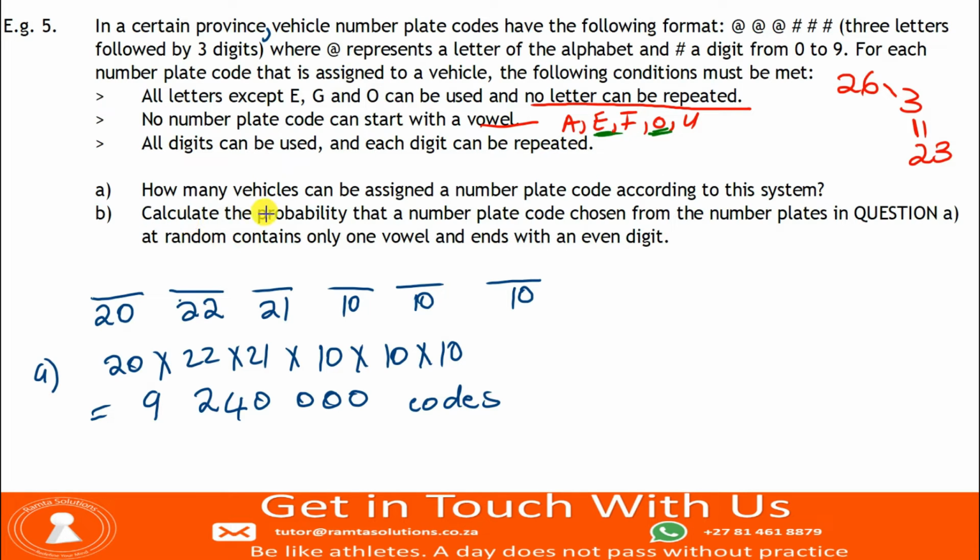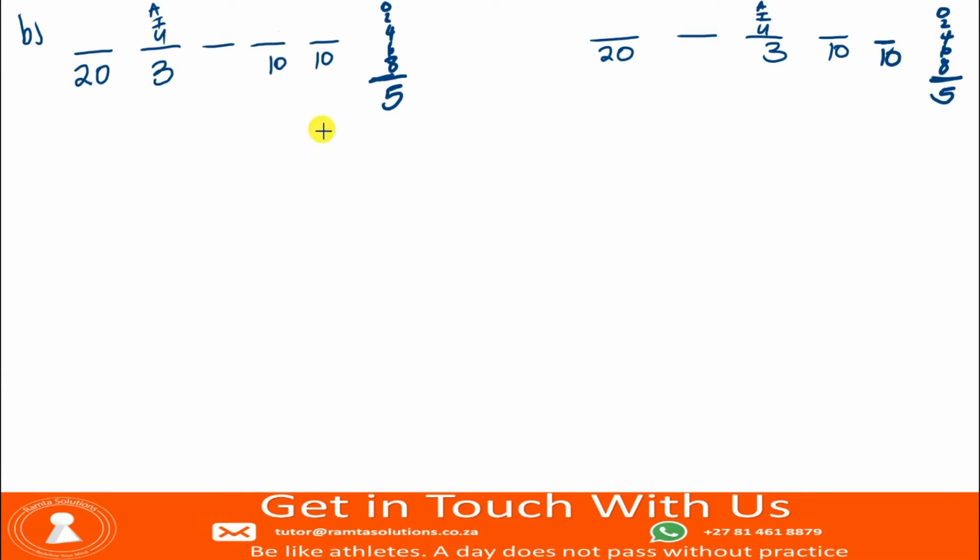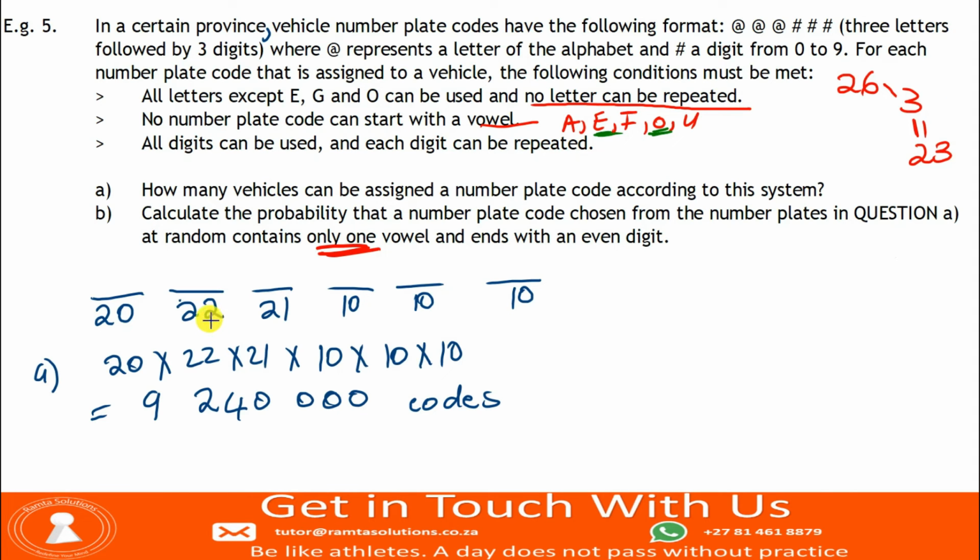Now, they said, calculate the probability that a number plate chosen from the number plates in question A at random contains only one vowel. Pay attention. Remember, when you did not consider vowels at all, you had 20 consonants to choose from. Now, when you include the vowels, you had 23.